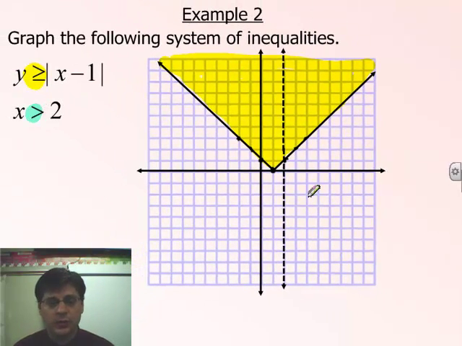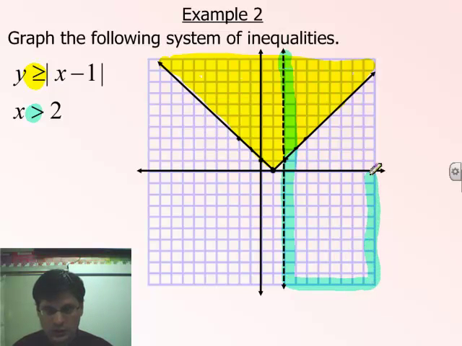So looking at a vertical line, we ask, which direction is x greater than? Well, it gets greater the further we move to the right. So we're going to shade everything to the right of this line, trying not to cross the line. So it's going to be this whole region here.